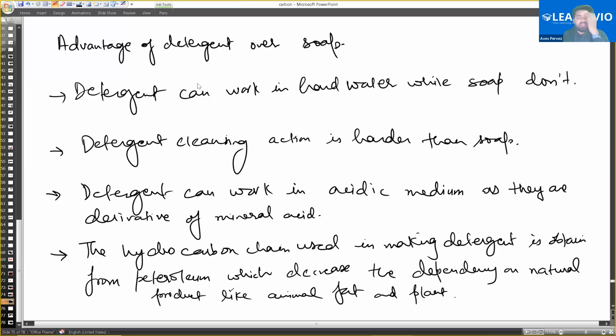So what are the advantages of detergent? This is very simple: detergents can work in hard water. Mariam and Ayan, please take the screenshot of this one. Please take the screenshot that detergents can work in hard water, but soap does not work in hard water.